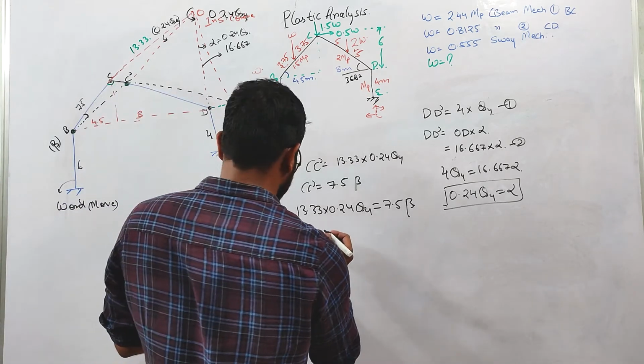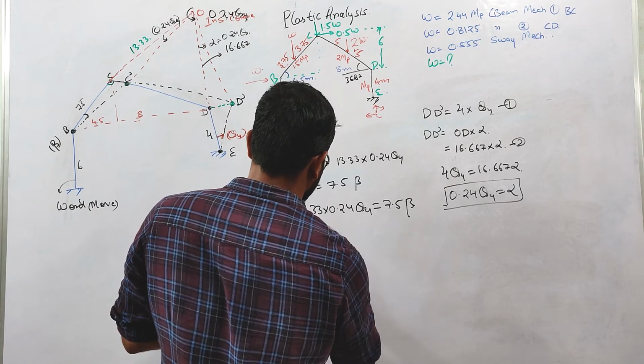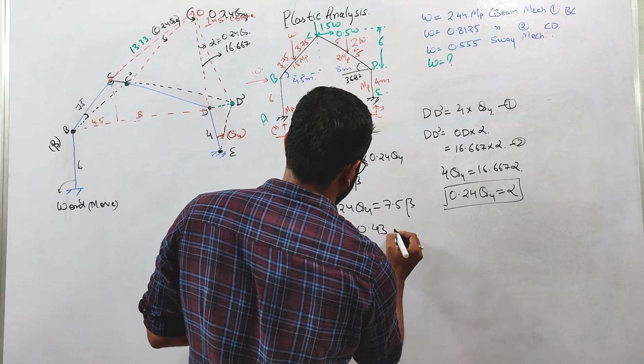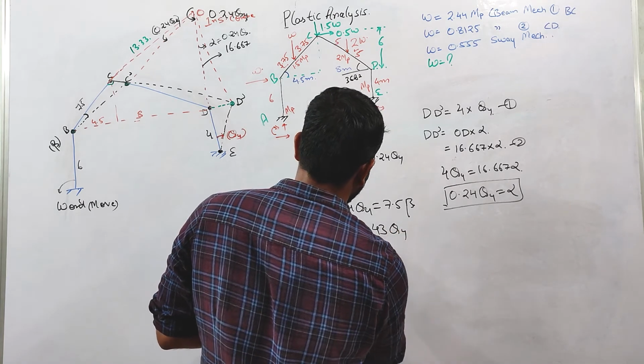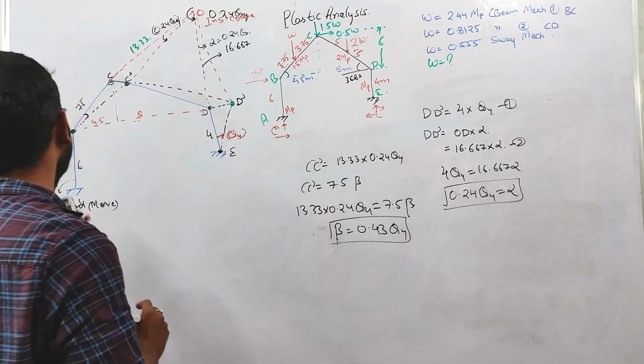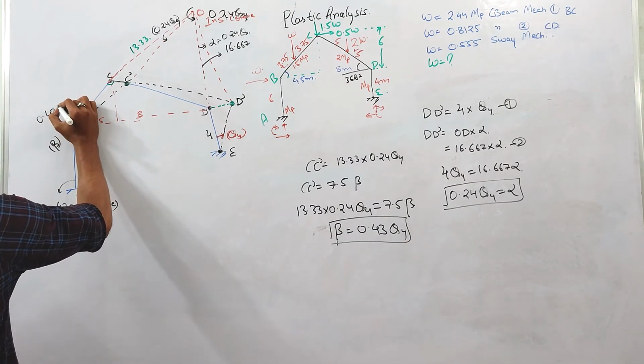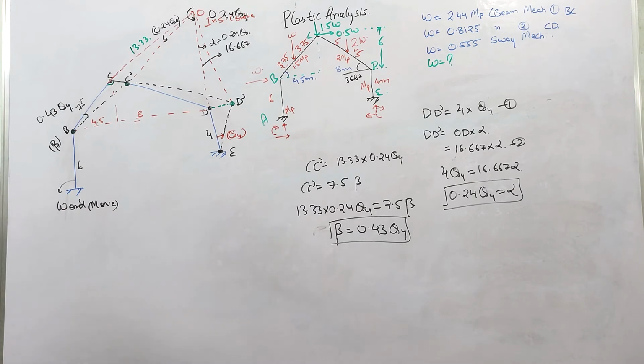comes out to be beta is equal to 0.43 theta 4. So we have calculated the rotation at the hinges, right?